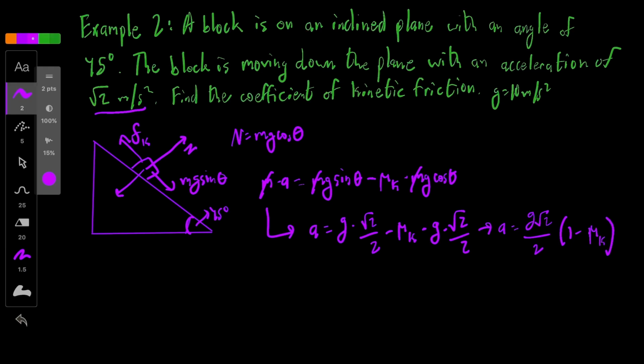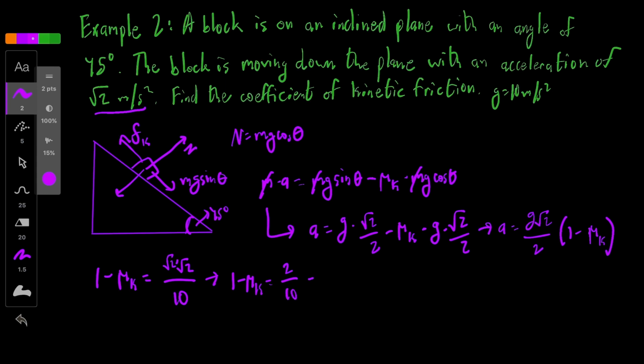Now, let's plug in our values for a and g and isolate the 1 minus micro k. So, we have 1 minus micro k is equal to acceleration times the square root of 2 over g. Now, since g is equal to 10, and acceleration is equal to the square root of 2, the square root of 2 times 2 is 2, so we get 1 minus micro k is equal to 2 over 10.